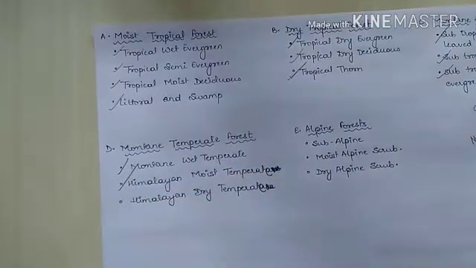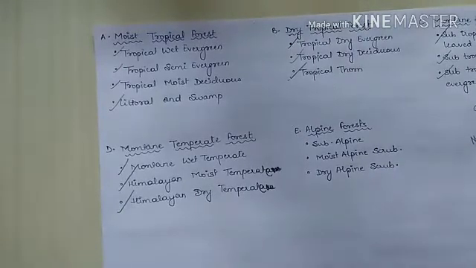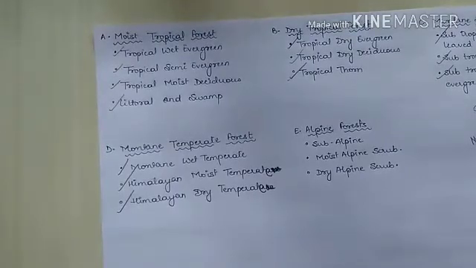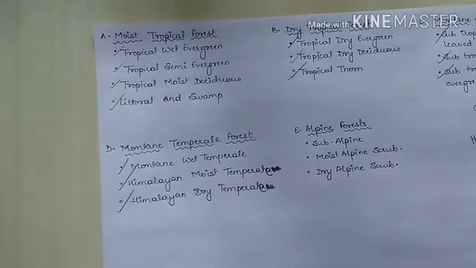The last we have in montane temperate forest is Himalayan dry temperate forest. These forests are predominantly coniferous with xerophytic shrubs, in which deodar, oak, ash, maple, olive, etc. are the main trees. Such forests are found in the inner dry ranges of the Himalayas where the southwest monsoon is very feeble.